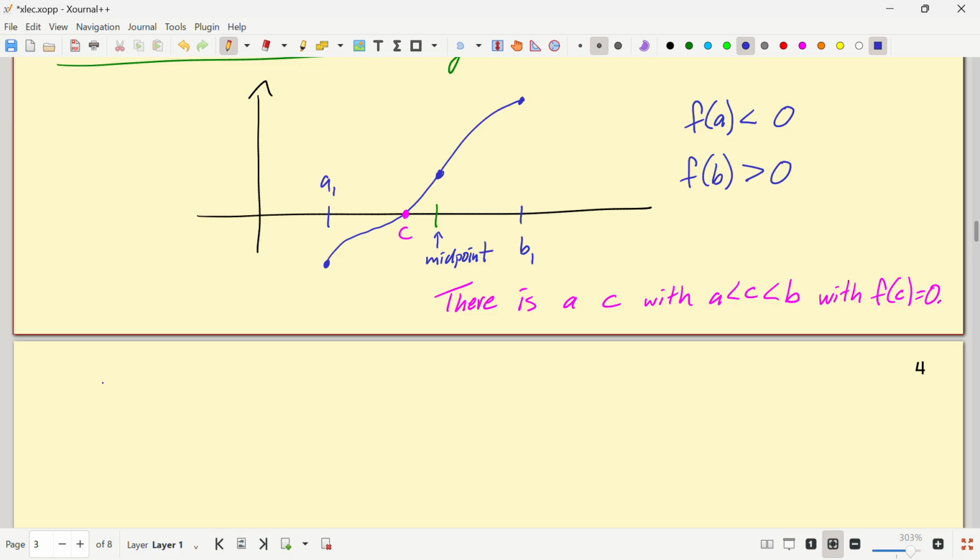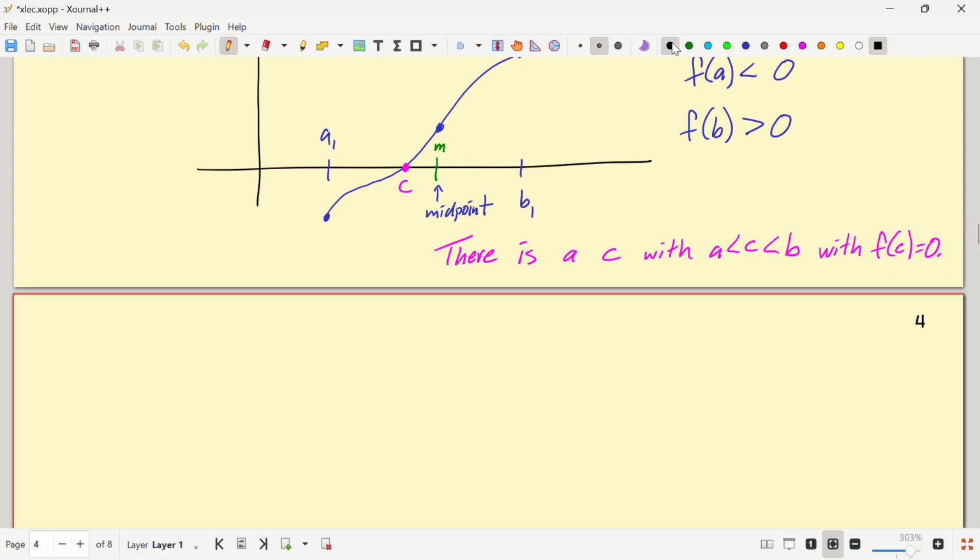So this is the midpoint. I'll call it M. What am I going to do? Midpoint M, that would be A1 plus B1 over 2. That's the midpoint.